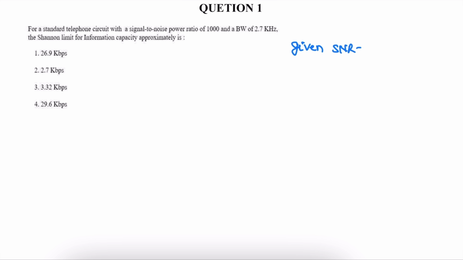Signal to noise ratio 1000, given bandwidth 2.7 kilohertz. The channel capacity C, as per Shannon-Hartley theorem, is C equal to bandwidth times log base 2 of 1 plus signal to noise ratio.